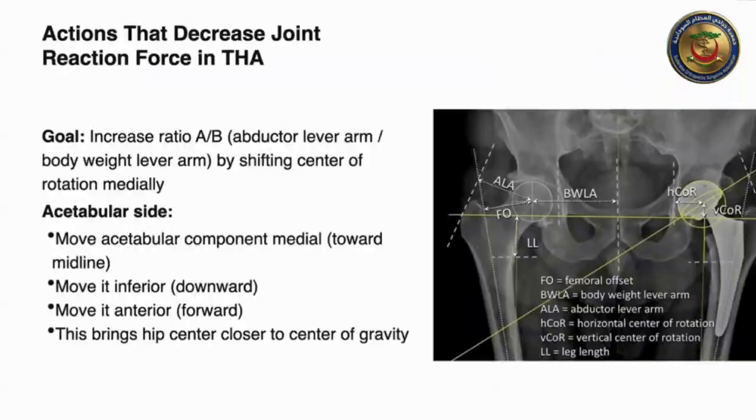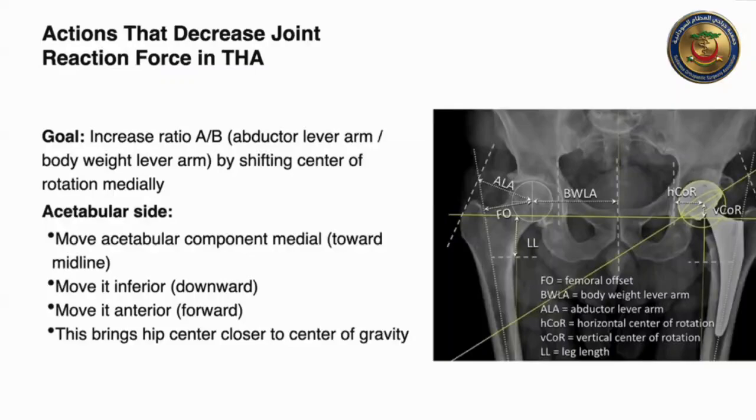Okay, so what's the action needed to decrease joint reaction force in the total hip? We all know about the low friction hip design done by Sir John Charnley. It depends on decreasing joint reaction force in the hip. How did he achieve that? By medialization of the cup.